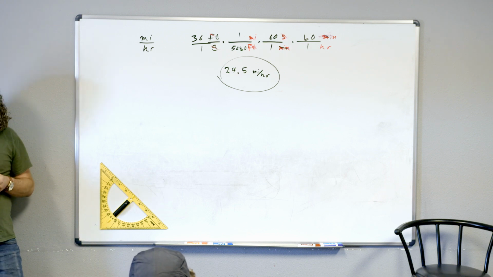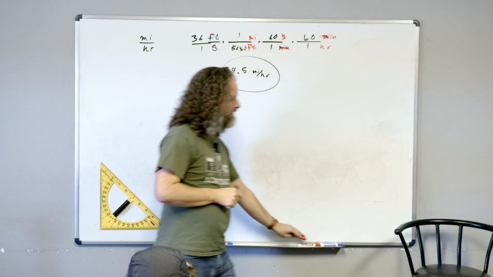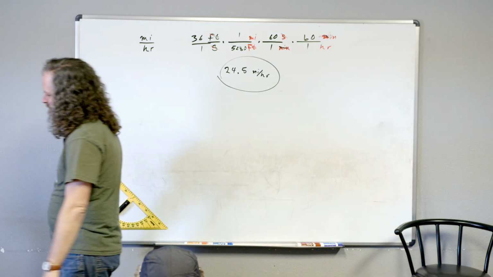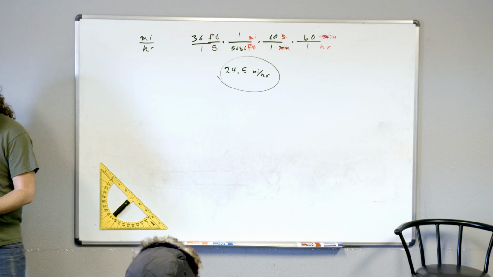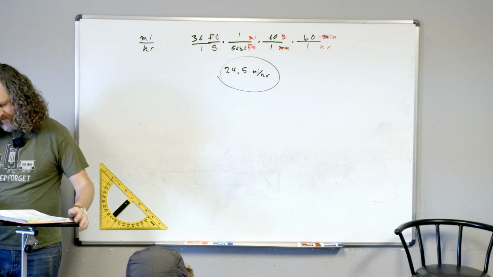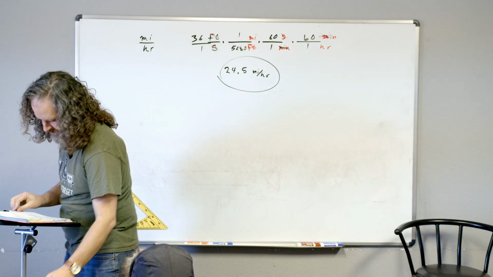Because, you know, that's how English works. You have to read all the words. Feet per second, absolutely, would be a good choice. And then you'd have to do the conversion.